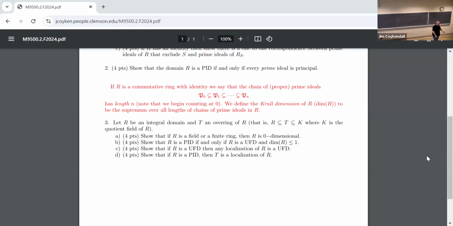I'm going to assume that every prime ideal in R is finitely generated, but let's suppose that R is not Noetherian. What does this mean? Well, the set of ideals that are not finitely generated is not empty. So there exists an ideal I in R such that I is not finitely generated.